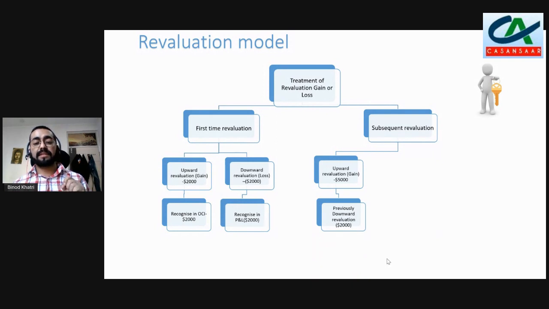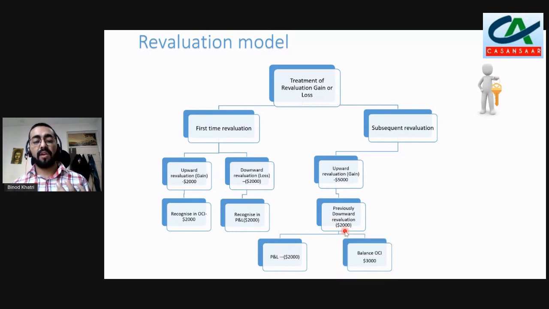For example, in a prior year we had downward revalued that asset by 2,000. In this example, we downward revalued this asset, and the downward loss was 2,000. So out of the 5,000, 2,000 will be charged to P&L, which is related to the prior year downward revaluation, and the remaining 3,000 will be recognized in OCI, other comprehensive income.